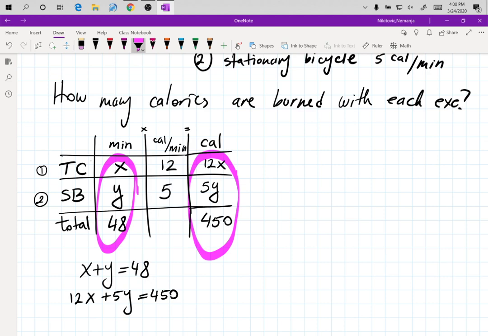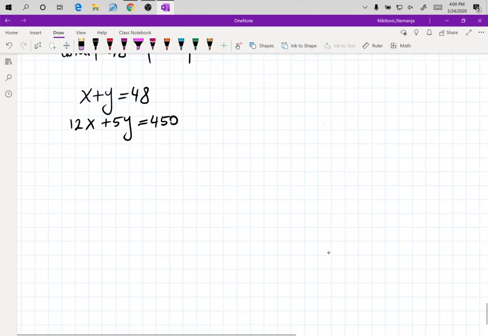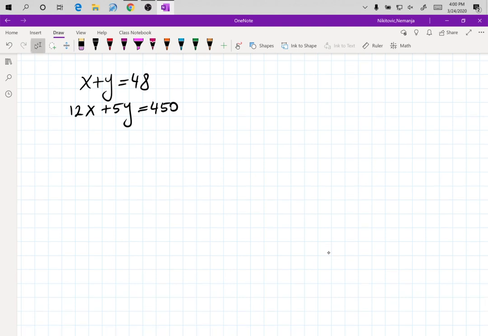So x plus y is 48, that's the time equation, and 12x plus 5y equals 450 is your calorie equation. And now we can just ignore everything and focus on solving the system of two equations, which should not be a big issue, right?